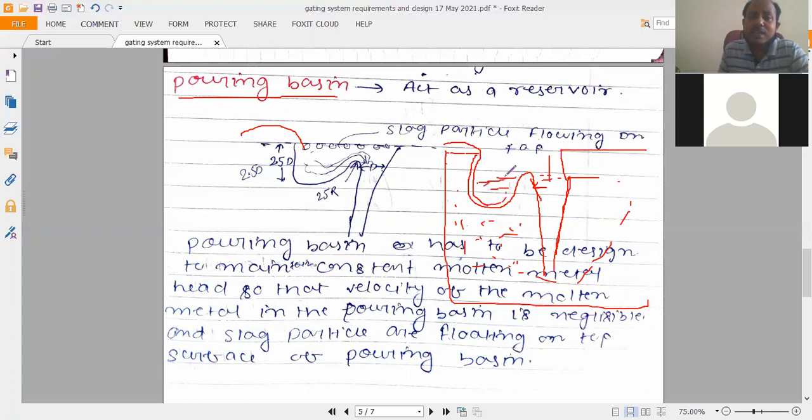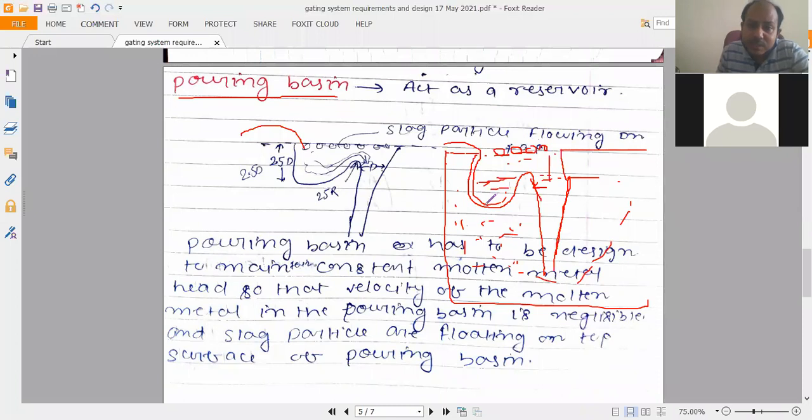So the slag part will be formed at the upper side, at the top of the pouring basin. That means the oxide and some other impurities will be formed on the upper side, and the hot molten metal will be inside.